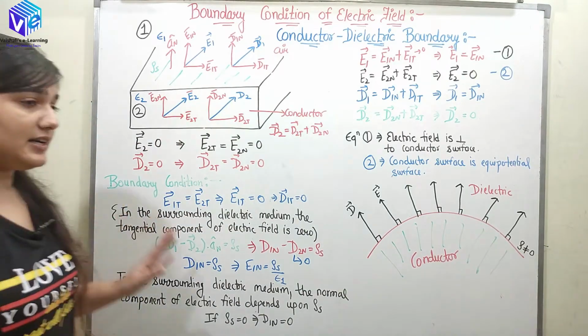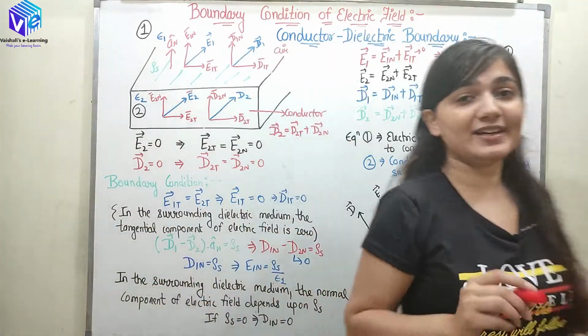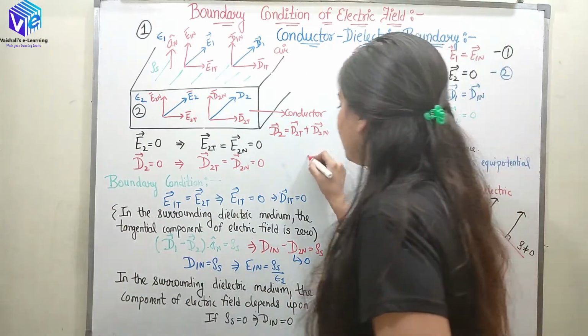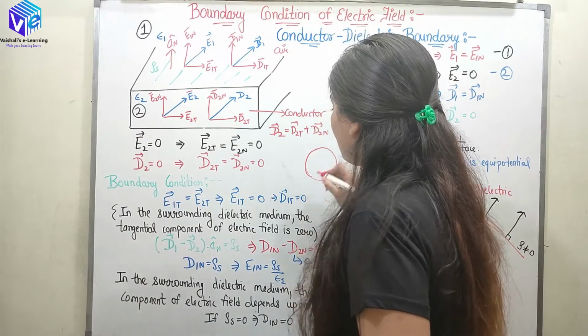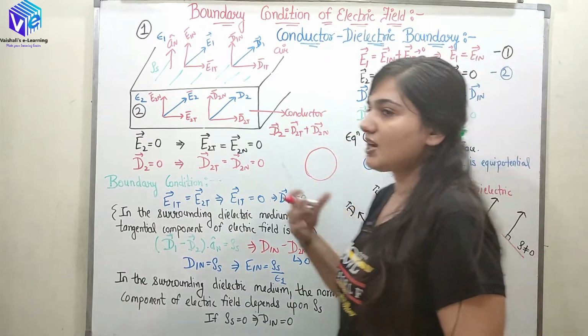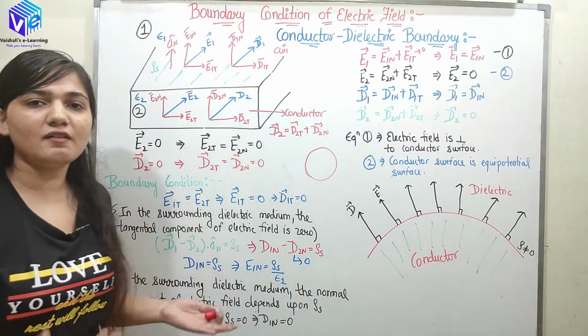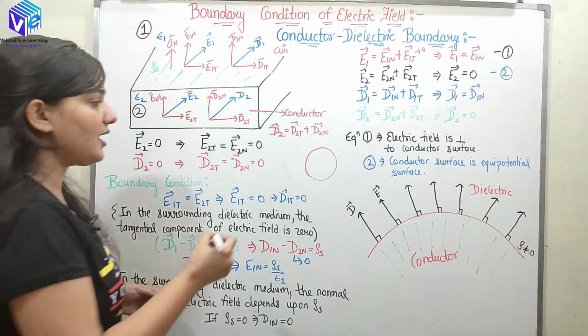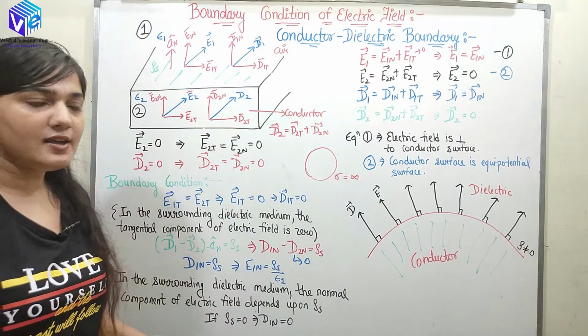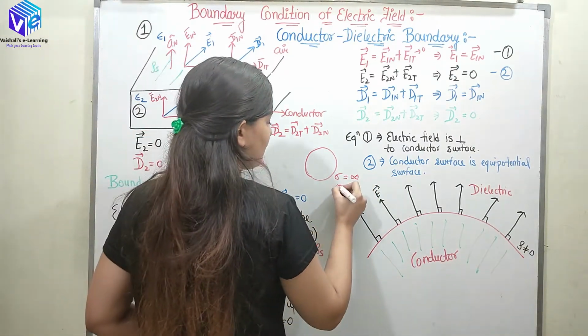Now coming to the conditions. If I am talking about the conductor, will there be any charge inside it? The charge cannot actually stay inside the conductor, because the conductor has sigma equal to infinity.